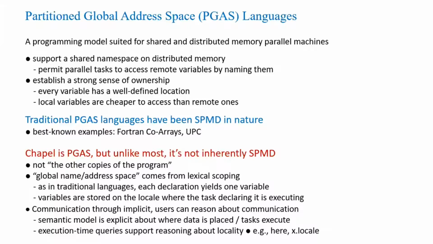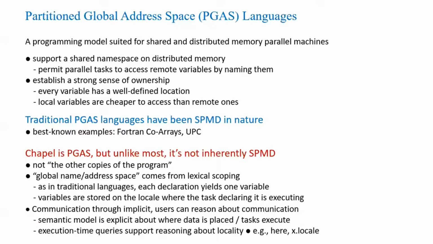All those HPC languages are a family of Partitioned Global Address Space languages. Chapel is one of them. PGAS is a programming model suited for shared and distributed memory parallel machines.